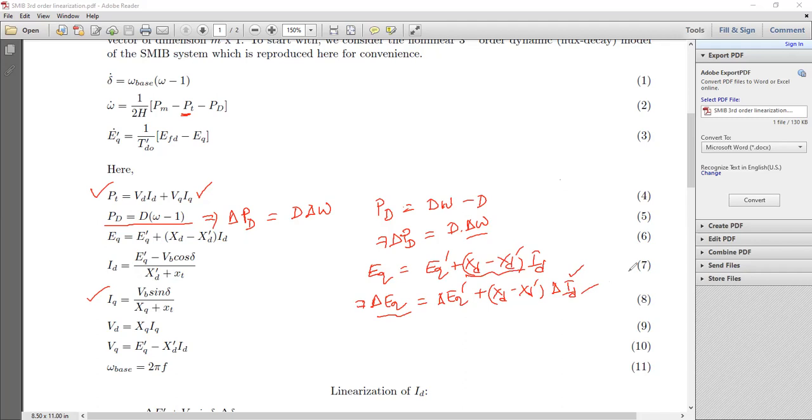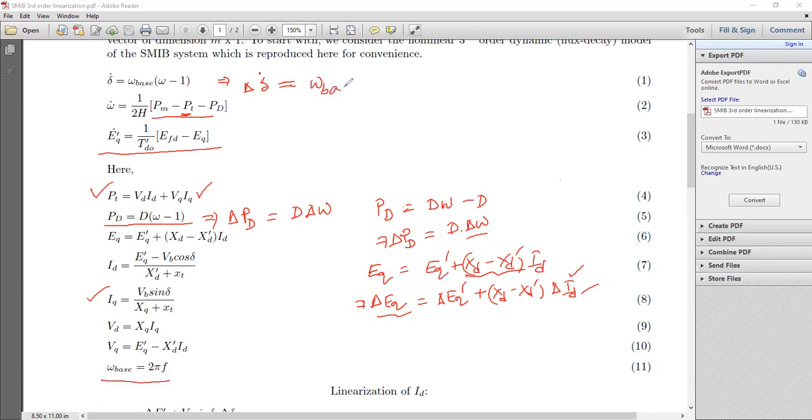The first equation is remaining actually, because we started from here. We are done with this. Now delta dot. So what would be del delta dot? What is omega base? Omega base is simply 2 pi f. It is a constant.